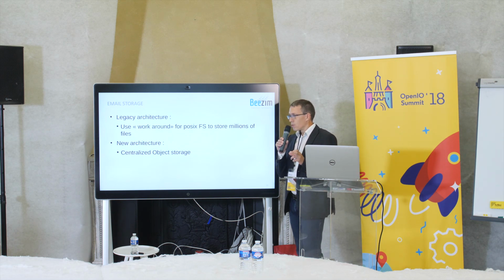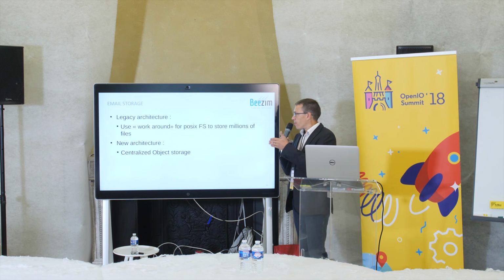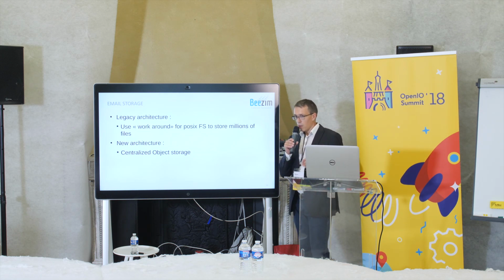So we will do hashing, and there is not more than 4,000 emails in each directory to be able to work around the limitation of the file system, because the file system cannot handle a very large number of files.